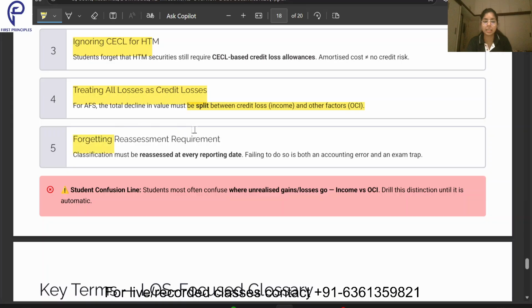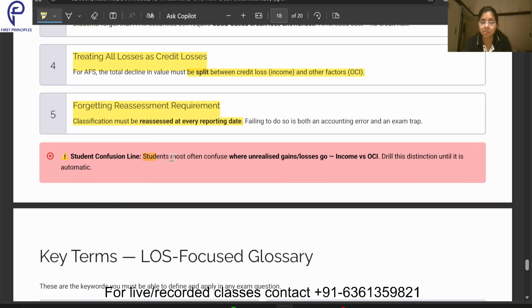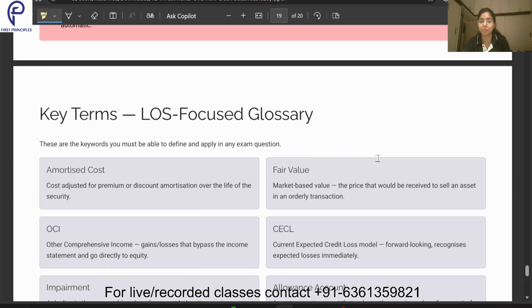Then forgetting reassessment requirement, that means classification must be reassessed at every reporting date. That means at every reporting date we should reassess whether a particular security is under the correct classification or not. Then students most of the time get confused where unrealized gains and losses should go, income versus OCI. So always remember that unrealized gains and losses go to the OCI.